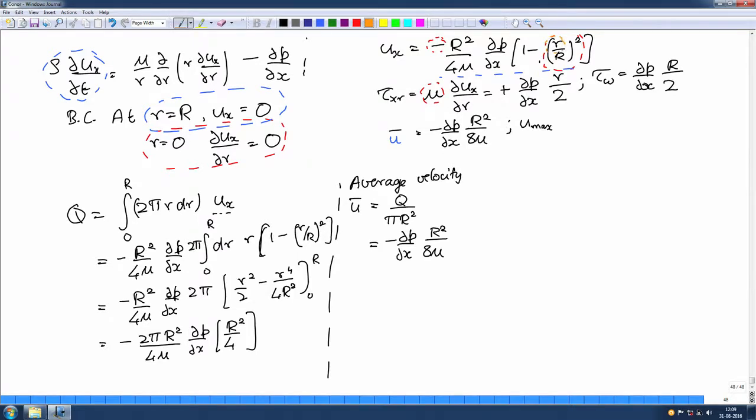So, this maximum velocity is equal to minus R squared by 4 mu, partial p by partial x, which is just equal to 2 times the mean velocity. So, the maximum velocity at the center of the channel is just equal to 2 times the mean velocity in this particular pipe flow.